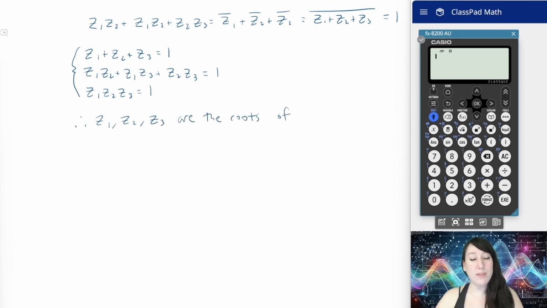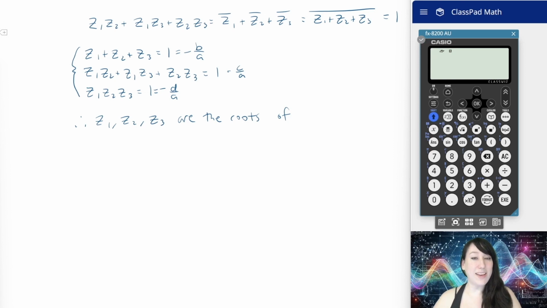Now, let's make sure we put these coefficients in correctly. Remember that the sum of the three roots is equal to negative b over a. The sum of the products of the pairs is equal to c over a, and the product of the three roots is equal to negative d over a.